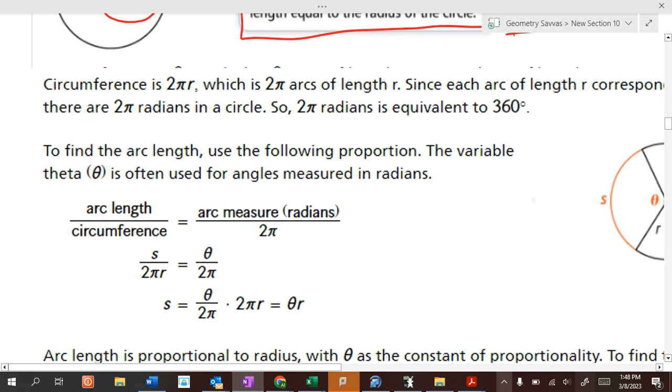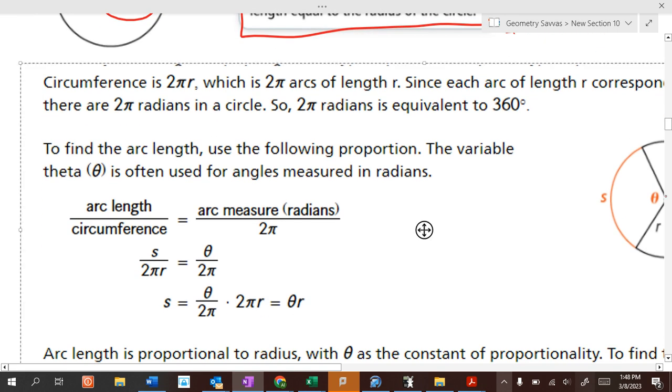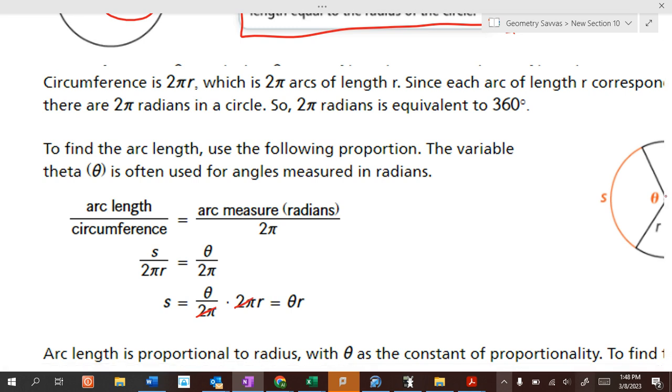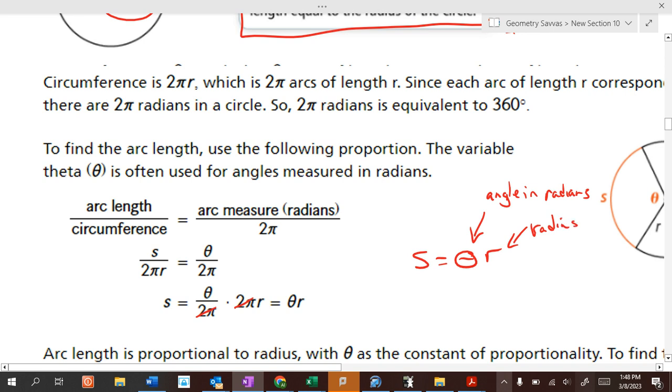So, what happens is when we use the formula, our 2 pi's cancel, and so when we're in radian measure, we take the angle times the radius. The angle in radians times the radius, and that gives me the arc length.